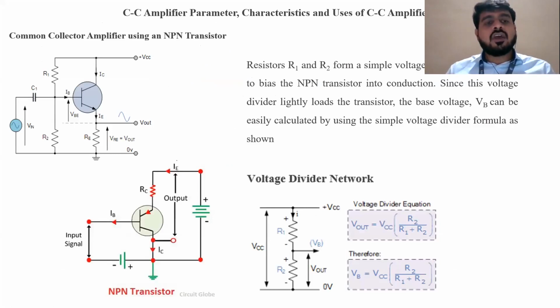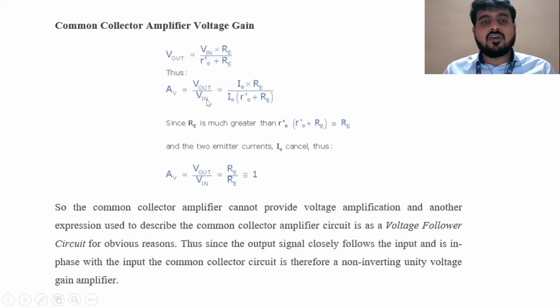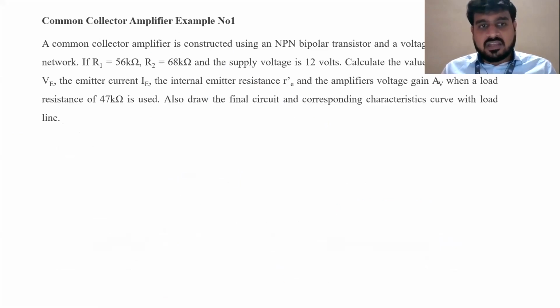But here I do not have any separate load resistor, so I will consider the resistor connected to the emitter as the load resistor. Clear? So we just replace the value of the load resistor in place of your RE, and from there you can find the values.